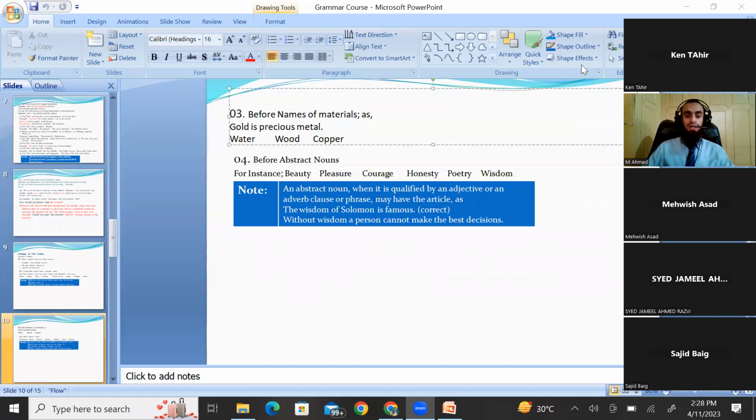These materials. All right. Before abstract nouns, do you have any idea about abstract nouns? What are abstract nouns? Anyone?